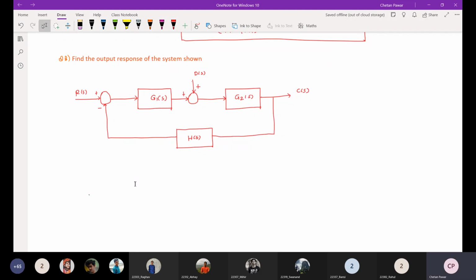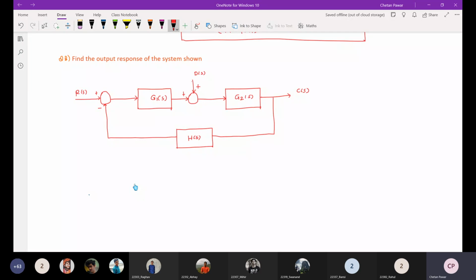In this block diagram you can see two inputs, R of S and D of S, and we are asked to calculate the output response of the system. There are two inputs and one output.